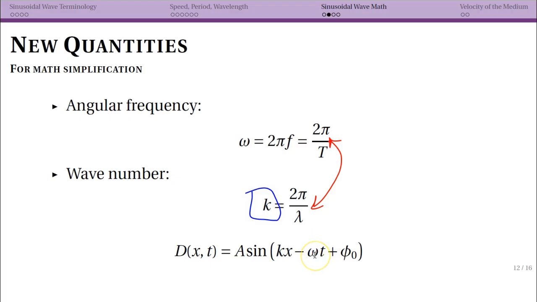We've removed it, and that had to do with what was appearing in our previous equation. And we still have good old phi, our phase constant here. So this is a nice way to write this. This is the best way to think about it, but you have to know that k here is our wave number, omega is our angular frequency. So there's a lot of other values that you might need to use to actually get to these, but this is the simplest way we typically write this.